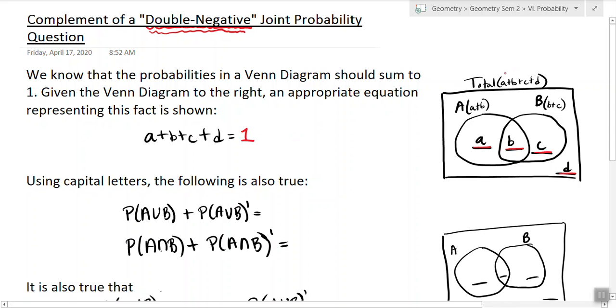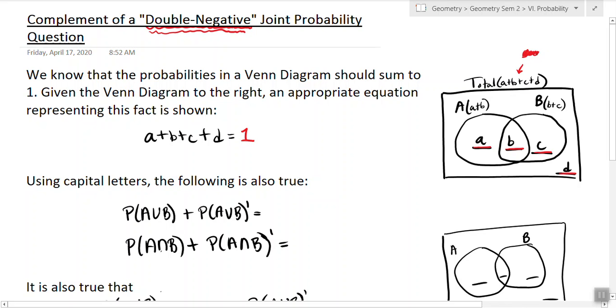Okay? This total up here should be 1. Now, if it's a number like 500, then all these other letters don't represent probabilities, they represent numbers. So you would take those numbers and divide by 500, and that would give you the probability. Okay, so you would get 1 either way.